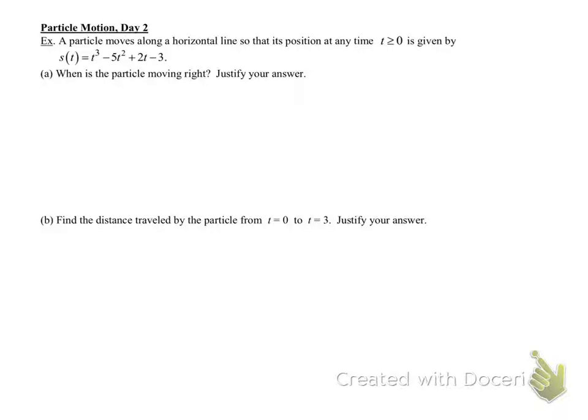Okay. When is this particle moving to the right? This particle is moving to the right when your velocity is positive. And your velocity is positive when your factors multiply to a positive, so they need to have the same signs.